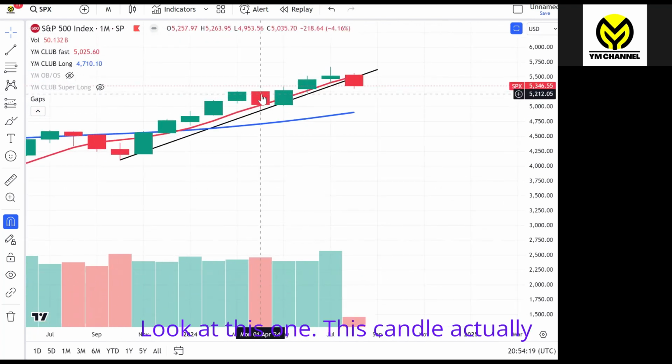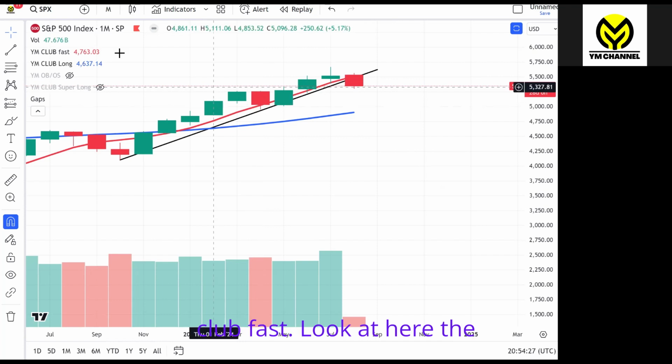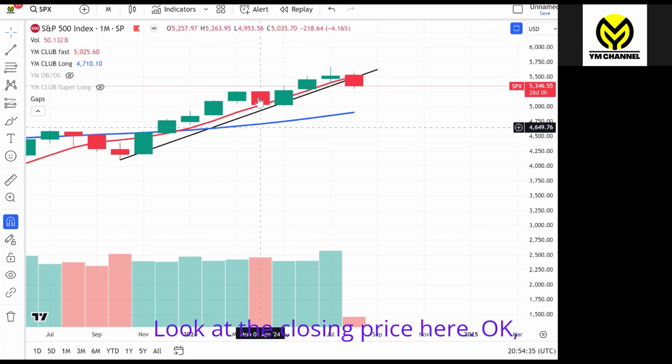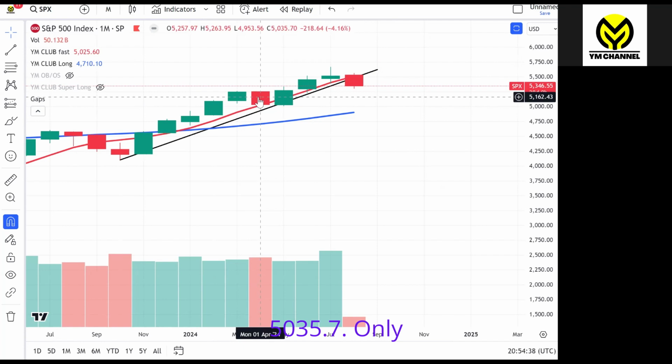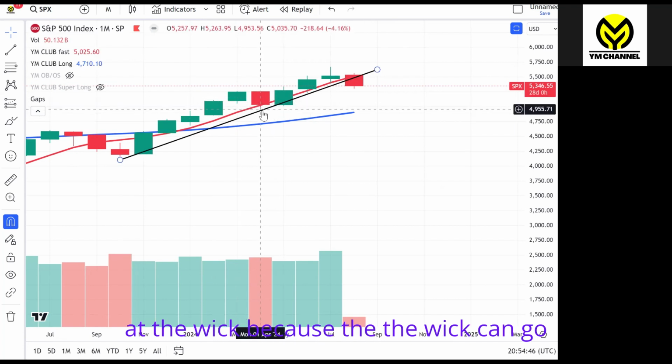Look at this candle, it actually closed right at the red line. Look at the closing price here, 5025.6. And here, 5035.7. Only a 10 point difference for the S&P 500. We look at the closing price. We don't look at the wick, because the wick can go lower.